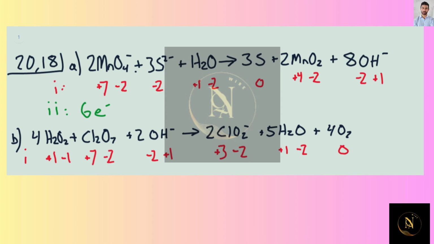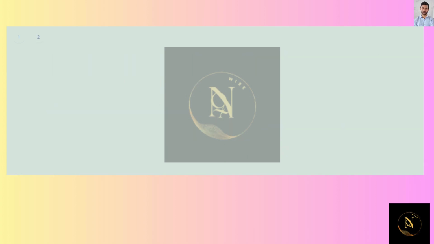So now we need to look at the total number of electrons transferred. It's hard to track because we have some electrons coming from the oxygen, but we have hydrogen peroxide, we have Cl2O7, we have oxygen in each of these reactants.